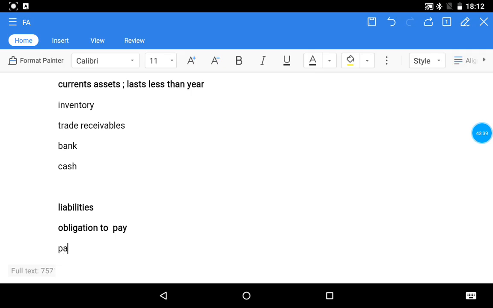Liabilities are present obligations: today you want to clear them, but they resulted from a past event, and to settle them you must pay using your resources. So that is some things about liabilities.